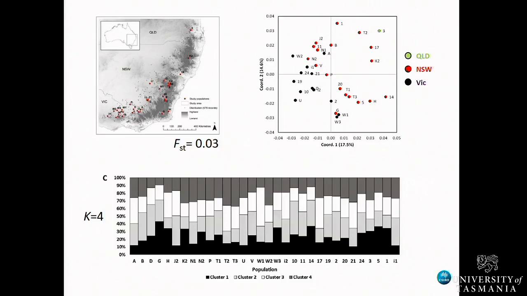And if you look at structure, K equals 4, so 4 genetic clusters, but with no real clear pattern of that in a spatial context across the east coast where this is distributed. So that wasn't really helpful, except if you think about this: we've actually sampled pre-fragmentation primarily.